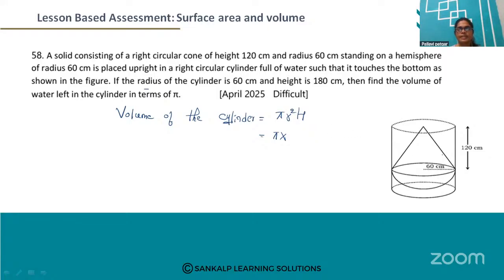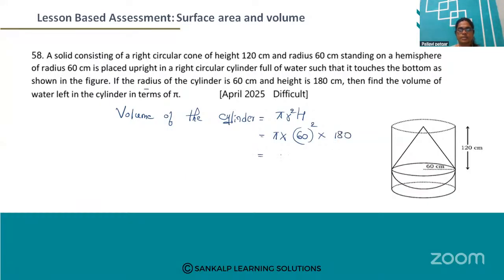So ಇಲ್ಲಿ radius of the cylinder, radius of the cone ಮತ್ತು ರೇಡಿಯಸ್ ಆಫ್ ದಿ ಹೆಮಿಸ್ಪಿಯರ್ ಎಲ್ಲ ಈಕ್ವಲ್ ಇದೆ. ಹಾಗಾಗಿ ಇಲ್ಲಿ ರೇಡಿಯಸ್ 60, so 60 square into height of the cylinder is 180.